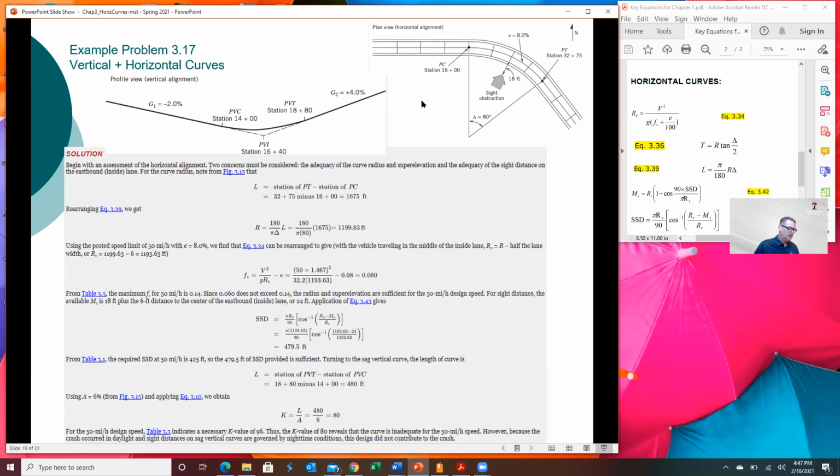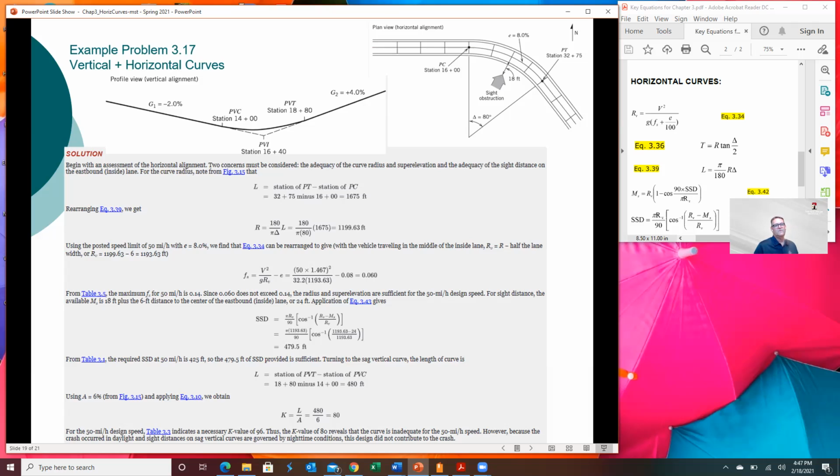A recent daytime crash where a driver was traveling eastbound and struck a stationary roadway object resulted in a fatality and a lawsuit alleging that the 50-mile-an-hour posted speed limit is an unsafe speed for the curves in question and was a major cause of the crash. Evaluate and comment on the roadway design.